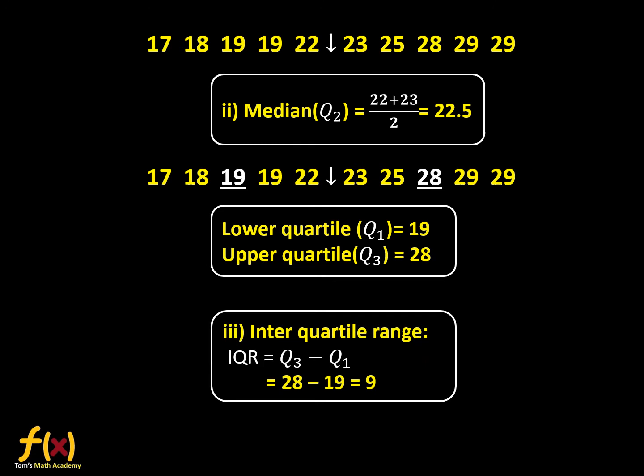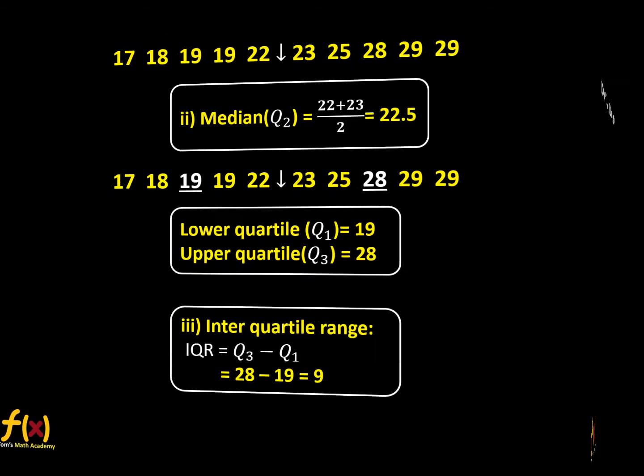Now, interquartile range is the difference between Q3 and Q1. Q3 minus Q1 will give you interquartile range. 28 minus 19 equal to 9. So hope you are clear about all these important informations.